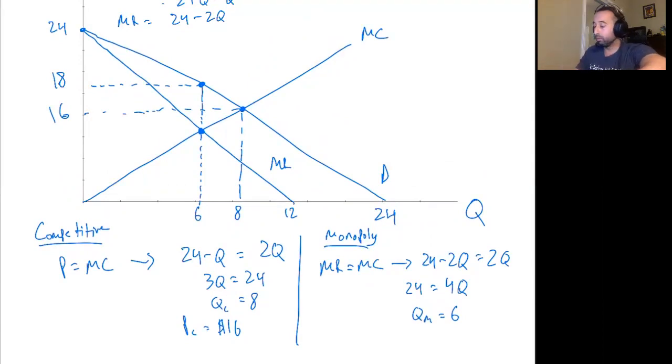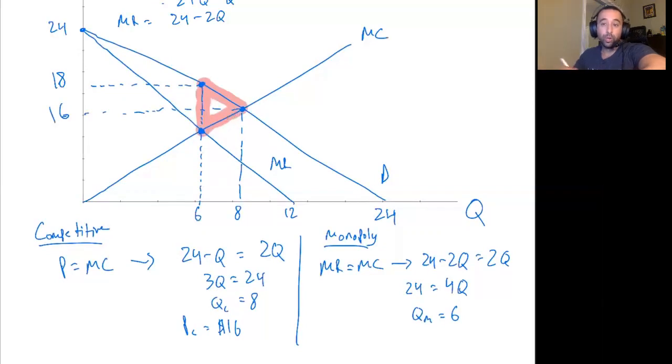But what you can see here is that in the case of the monopoly, price is higher than marginal cost. And so we have this triangle here where there are people on the demand curve who are willing to pay more than the marginal cost.